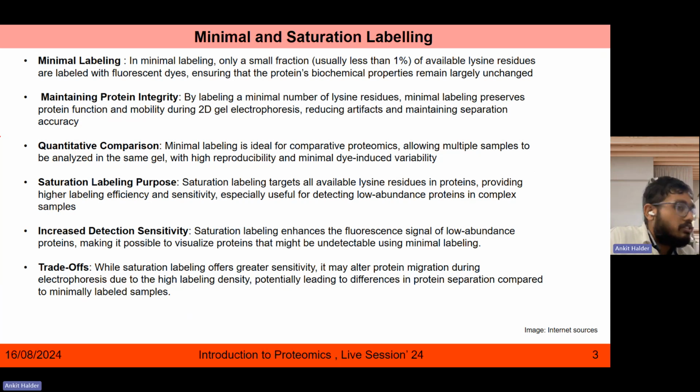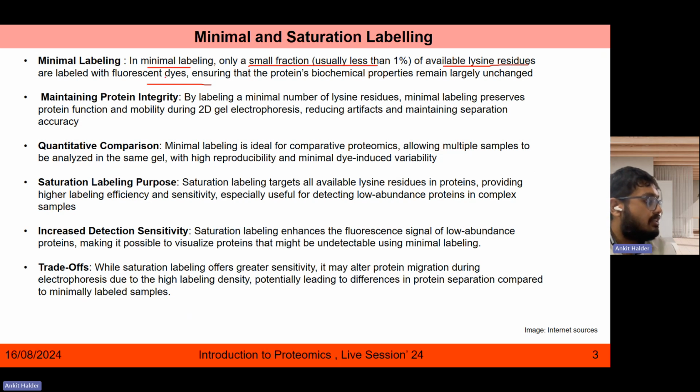So now we are talking about minimal and saturation labeling. So what is minimal labeling? Minimal labeling, as the literal meaning suggests, is only a small fraction, that is, less than 1% of available lysine residues are labeled with fluorescent dyes. So less than 1%.